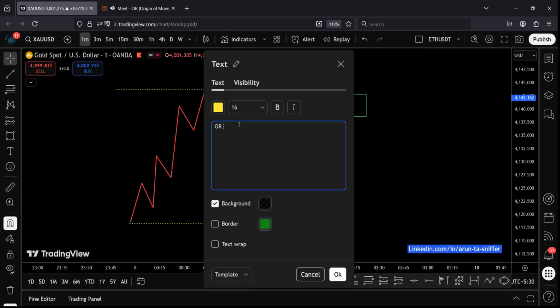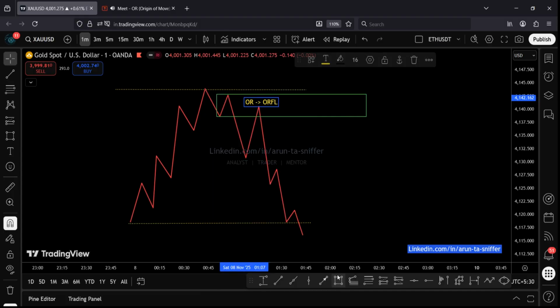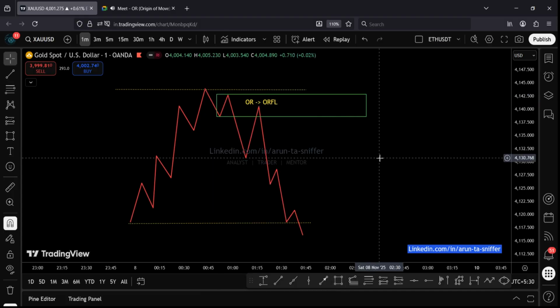OR will become ORFL. Origin and ORFL are important areas. Why? Many times they decide the retrace, how much the price will retrace.